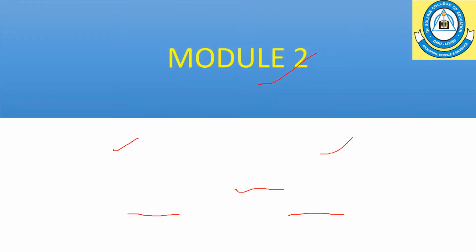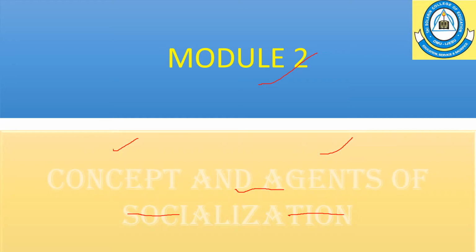Under this Module 2, we are going to talk about the concepts and agents of socialization. Socialization is derived from the word socio.